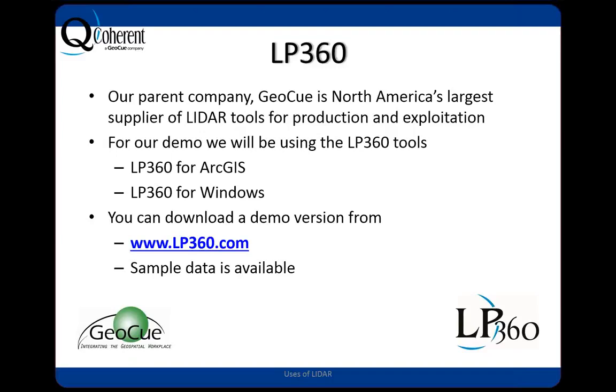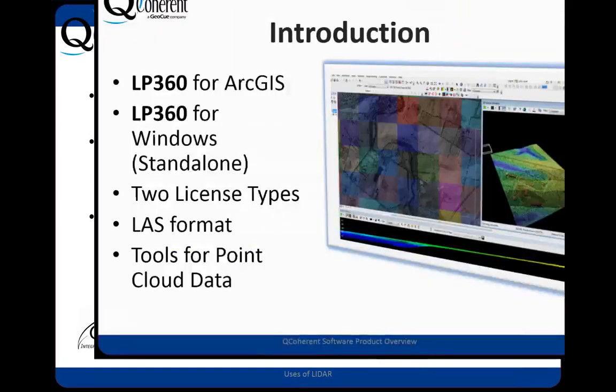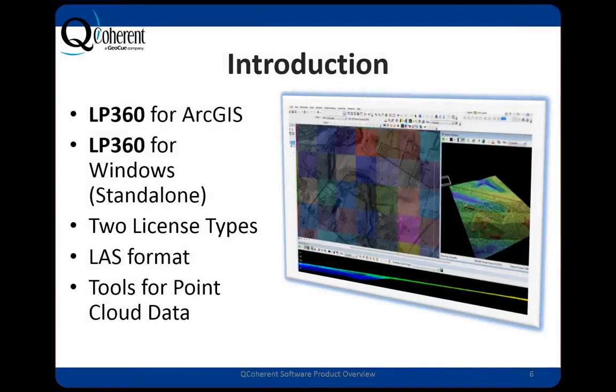So just a brief introduction of who we are. GeoQ started in 2003. Along the way, we became the North American reseller for TerraSolid products. In 2009, GeoQ acquired QCoherent Software, which is where LP360 comes in. It's a first-of-its-kind LIDAR software extension for the Esri ArcGIS environment.